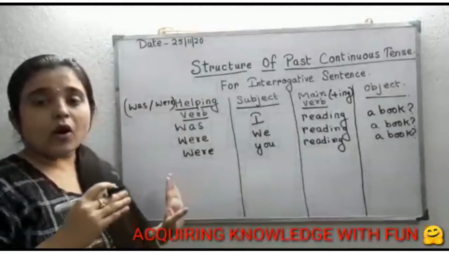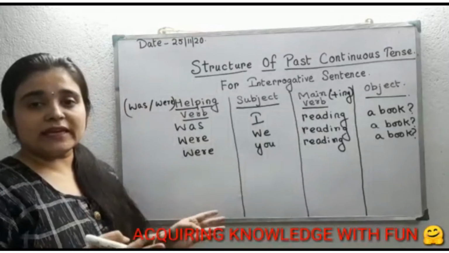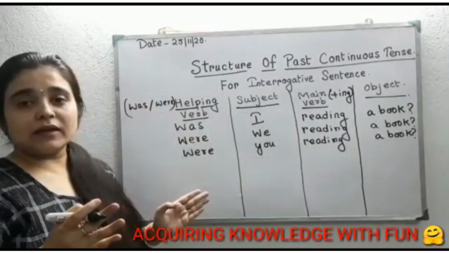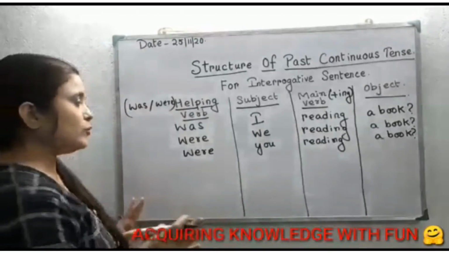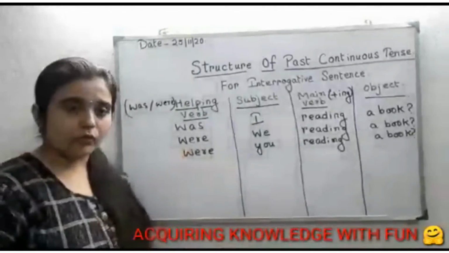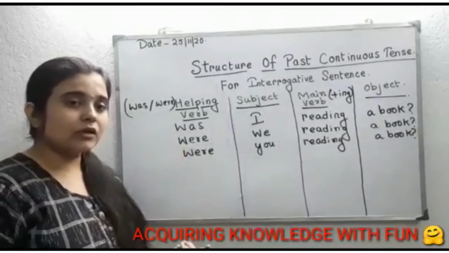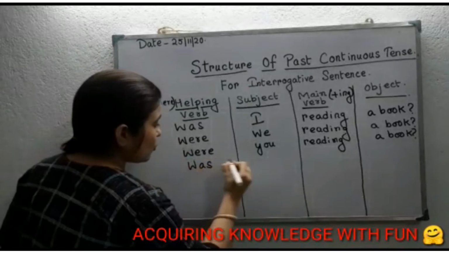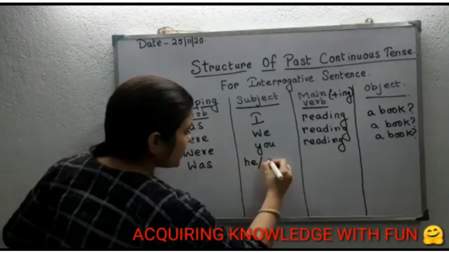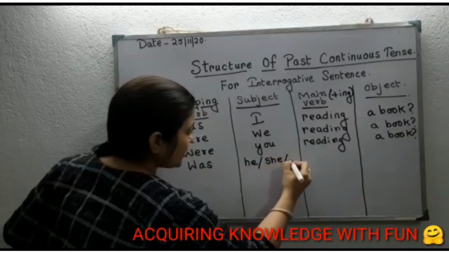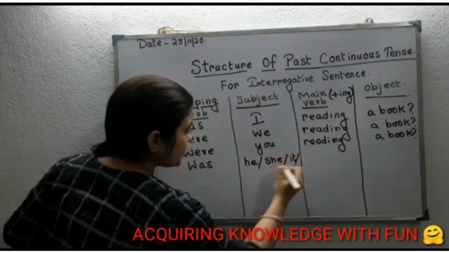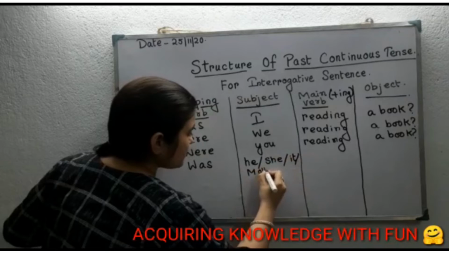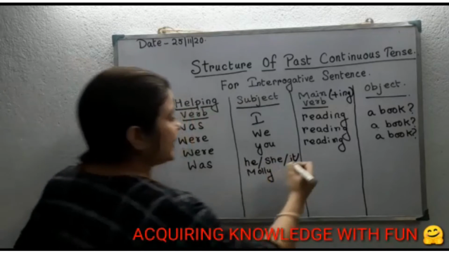Was or were before he, she, it or Molly? Very good. With singular noun or singular pronoun, we have to use was. Was he, she, it, Molly reading a book?